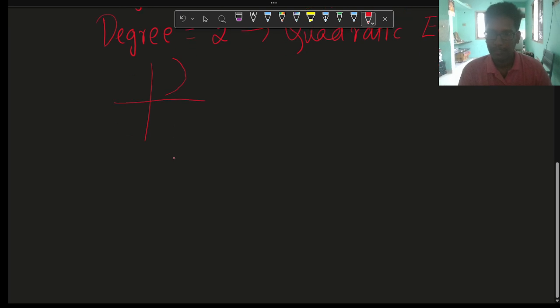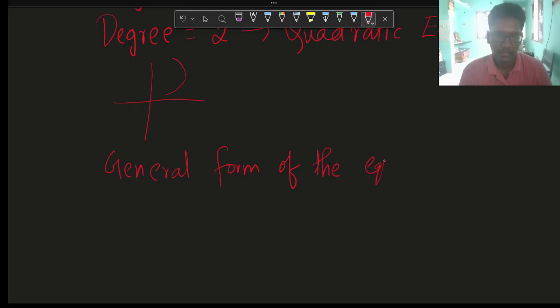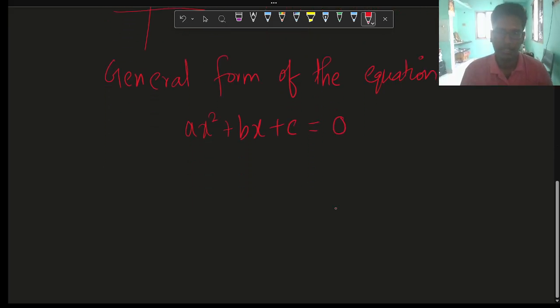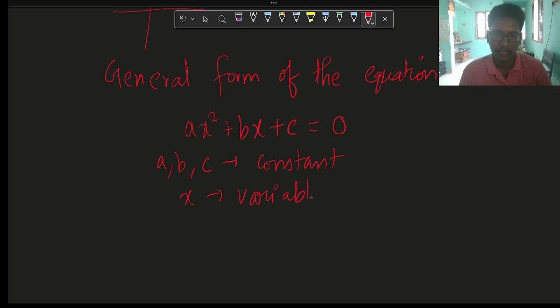It is of the general form ax square plus bx plus c is equal to 0. This is a general quadratic equation where a, b, c act as constants and x is the unknown variable which we have to find.